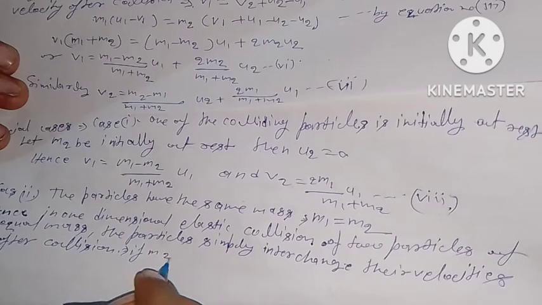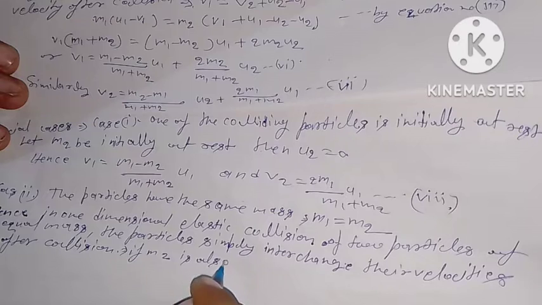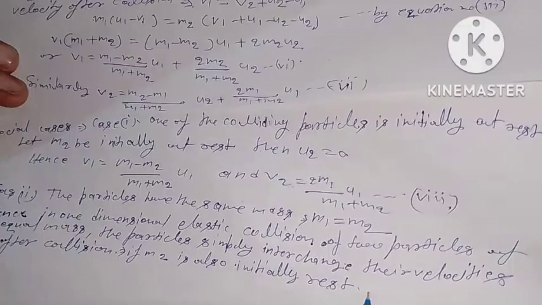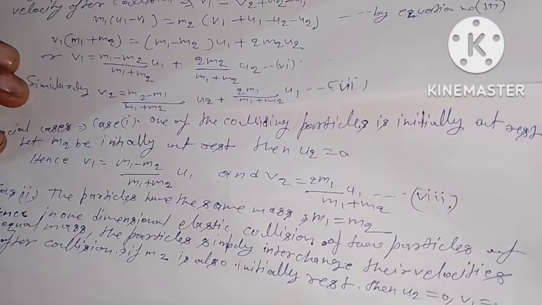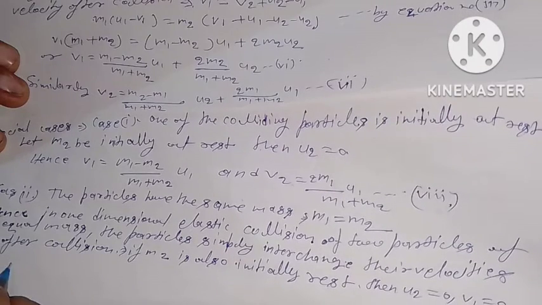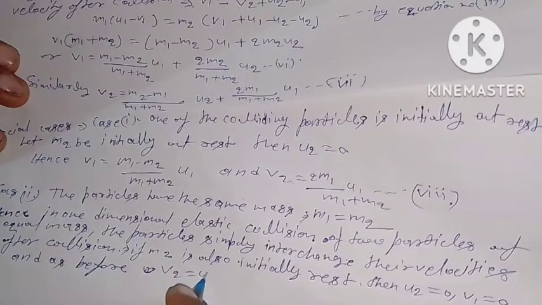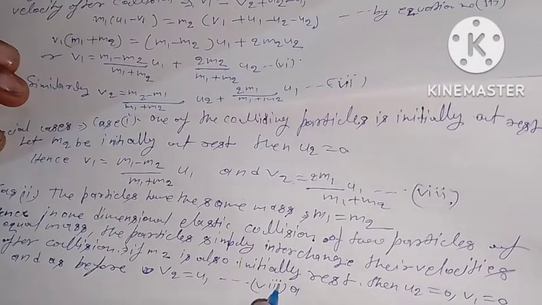Okay, if M2 is also initially at rest, then U2 equal to 0 and V1 equal to 0, and as before V2 equal to U1. This is equation V8A.